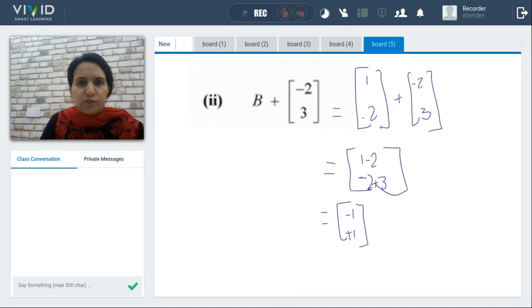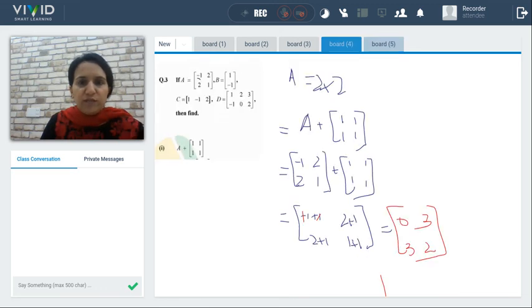In the third, fourth, and fifth parts, up to the eighth part, you have to multiply a number with the matrix. In that you have to multiply the number with all the elements of that matrix. Let's say I have a matrix D and I have to multiply it with 2.